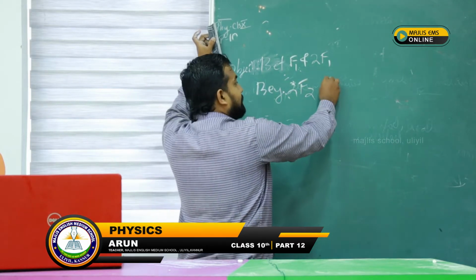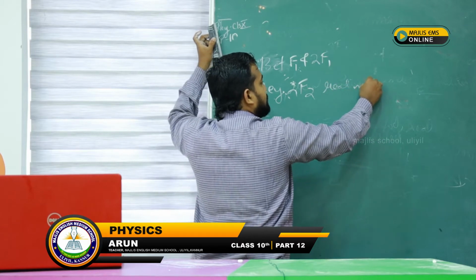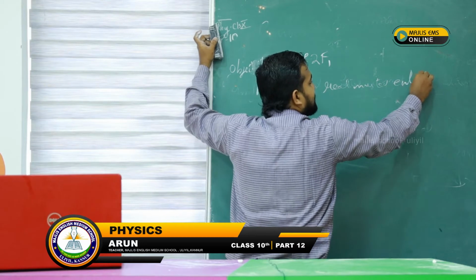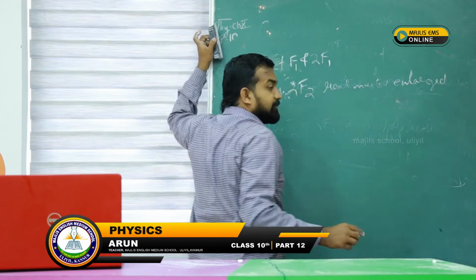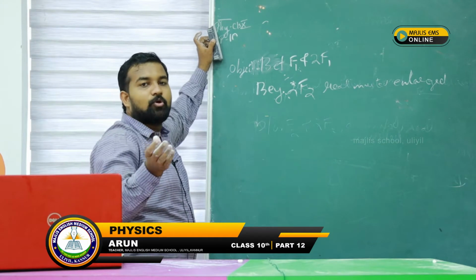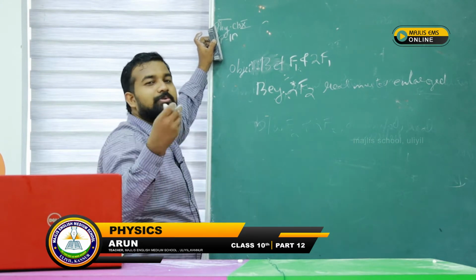It will be real, inverted and enlarged. This is the first case where an enlarged image is formed, as in the case before. You just draw it with your pencil. You have drawn the image formations of the mirror, so it will be easy for you.